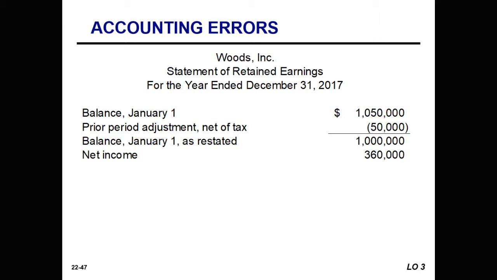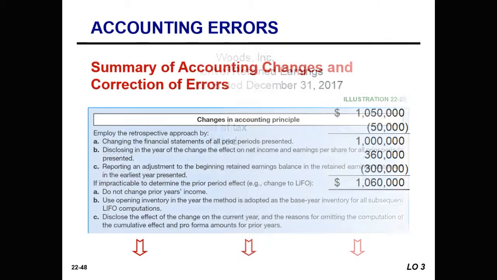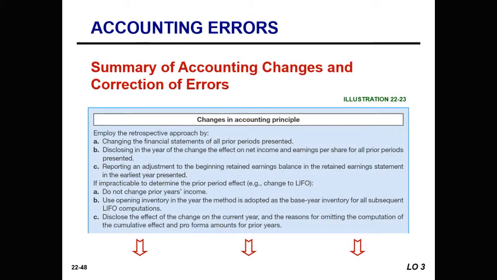We then have current period net income less current period dividends to give us a balance on December 31st of $1,060,000. Remember, we need to do things net of their tax effect. That is where you will make your mistakes, forgetting about the tax impact.